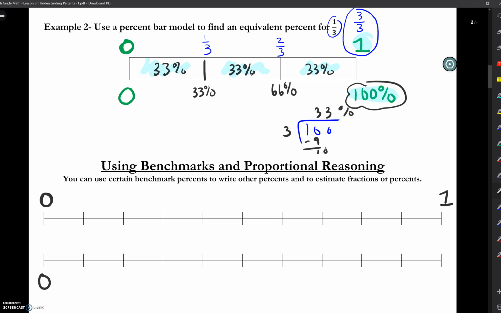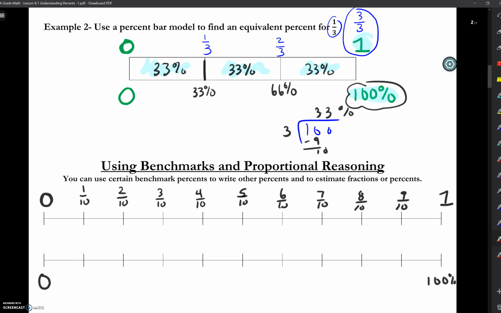And I'm going to do 0 here, and I'm going to do my percent down here. And so the benchmark would be 1/10, 2/10, 3/10, 4/10, 5/10, 6/10, 7/10, 8/10, and 9/10.